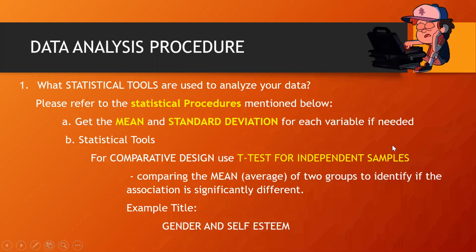For correlational design, please use the Pearson correlation coefficient. Define it and add a citation. For research on factors, guys, we will use regression. So what is regression? Define and cite. That would be the end of our discussion for chapters 2 and 3.